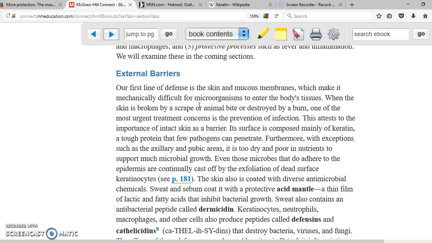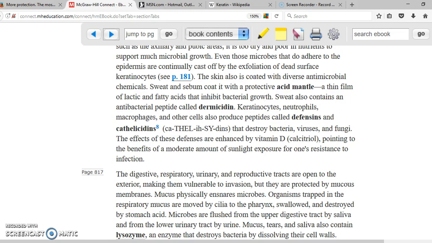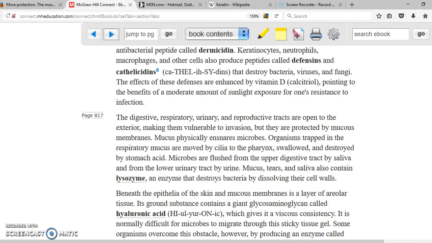The keratin is a very hard protein that will protect our skin and is going to make it very hard for the microorganisms to cross it. Not only that, but we're constantly shedding these cells, so it doesn't allow a lot of time for the microorganisms to develop and multiply and penetrate our skin. So it works as a barrier, very important to protecting our body.